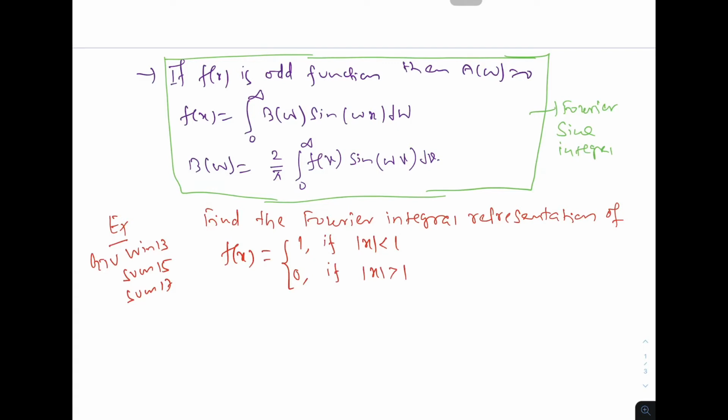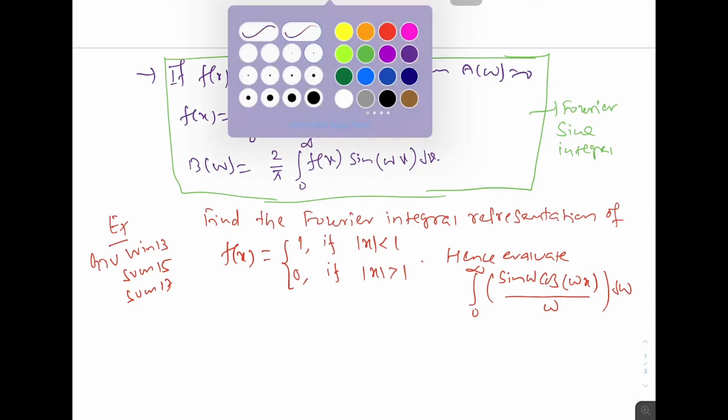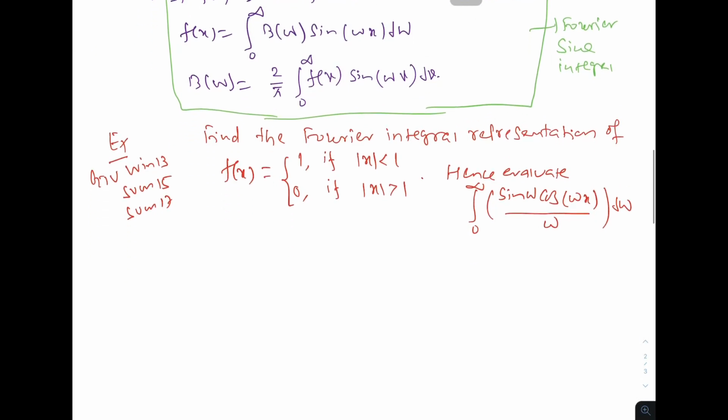Hence evaluate integration 0 to infinity of sin(omega) cos(omega x) over omega d omega. So this is the question, and let us answer it.